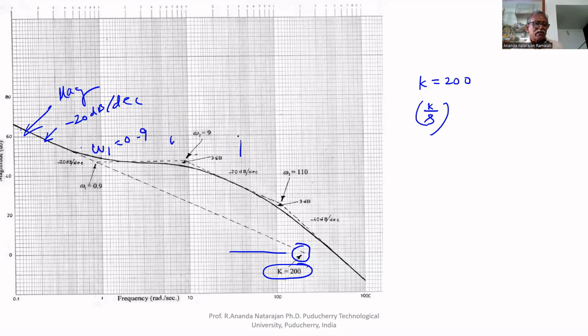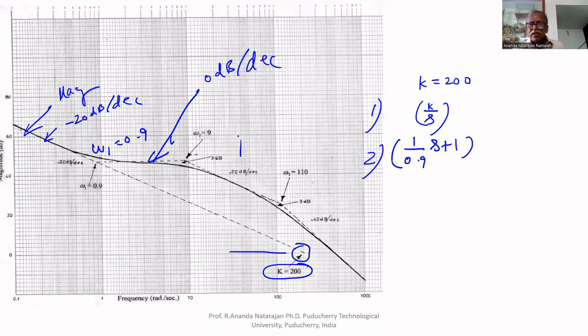The slope becomes minus 20 to 0. Therefore, it is a numerator factor, 1 by 0.9 s plus 1. Why numerator factor? Minus 20 becomes 0 dB per decade. This is the first factor, second factor, numerator factor.